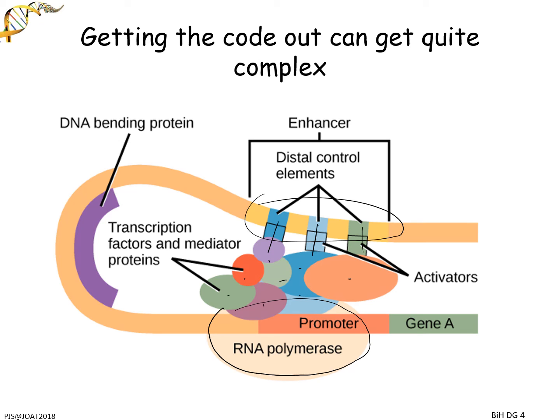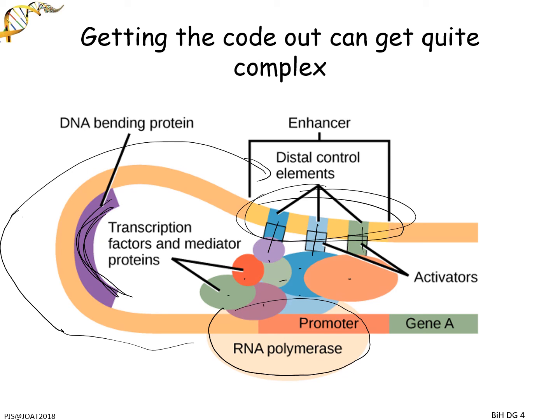But these sequences, if you look at the DNA strand, are all the way around here. So the only way that these can actually come into contact is if you've got this protein here, which is bending it. So this DNA bending protein is absolutely essential to get these control elements into the right place for them to hit the activators, which then bind to RNA polymerase, which means that when it's attached to the promoter, it can produce gene A.